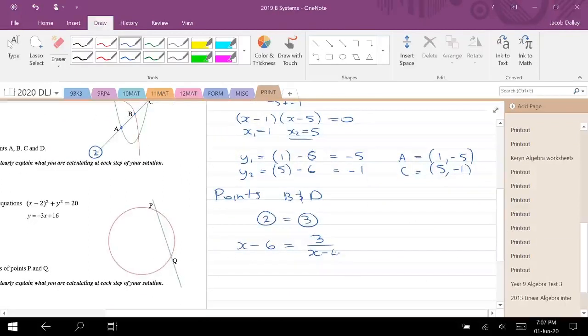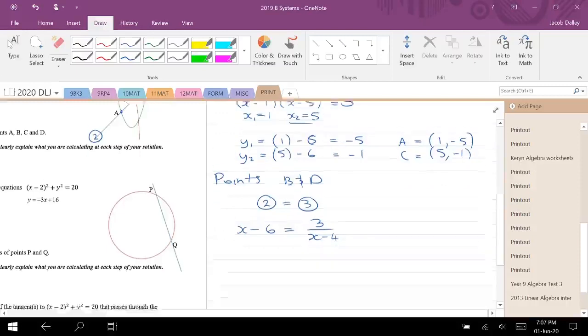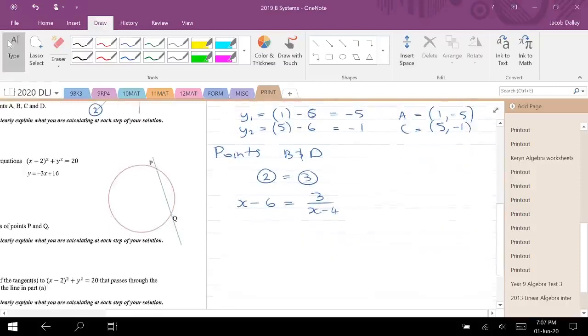So when you're rearranging these formulas, you want to put a bracket around these two, because when you cross multiply it over, you want them to be in brackets.